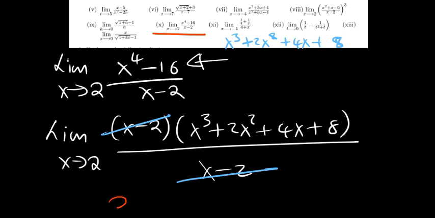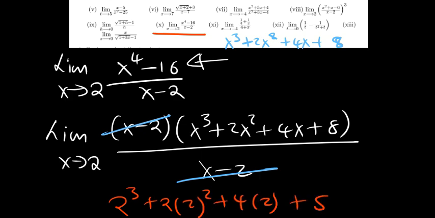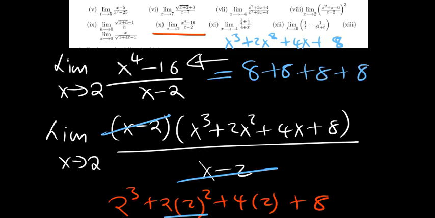So we have 2 to the power 3, 2 to the power 2, 4 multiplied by 2 plus 8. 2 to the power 3 is 8. 2 squared is 4 times 2, that is 8 again. This is 8 again. That is 8 again. So the answer is 8 times 2 is 16 times 2 is 32. So that's how you handle this question. Simple and straightforward.